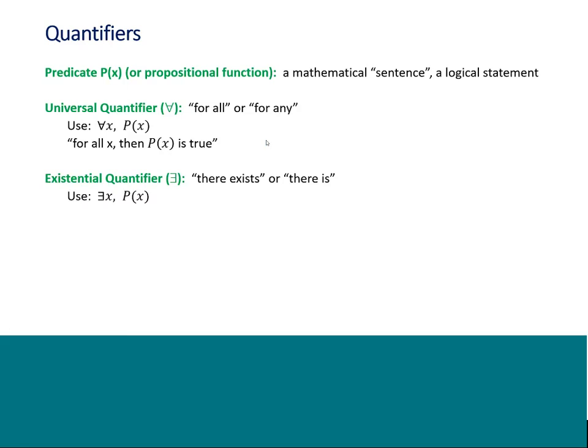In terms of use, notice syntactically it's exactly the same as the universal quantifier. You've got there exists some x such that, and then whatever the statement is, your logical statement or your mathematical sentence. The examples that we'll have will all be dealing with mathematical sentences. Why? Because we're a math class.